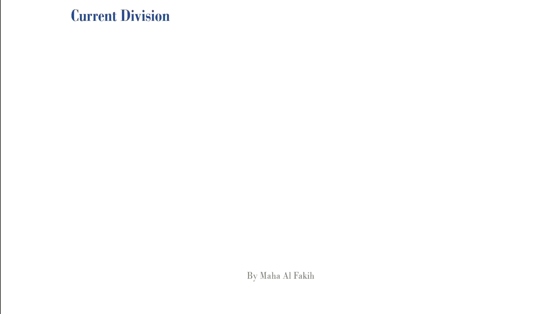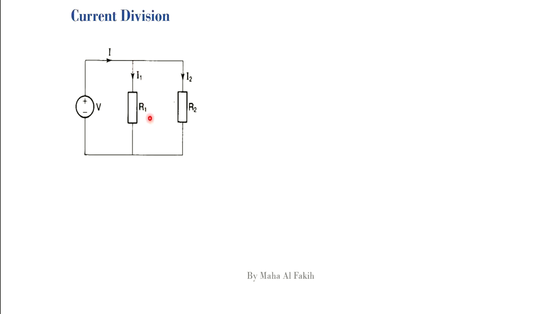When talking about resistors connected in parallel, we are talking about a current divider circuit where we can use the current division rule. Now suppose that we have this circuit over here where R1 and R2 are connected in parallel. The voltage source is supplying a voltage V and current I to this circuit.